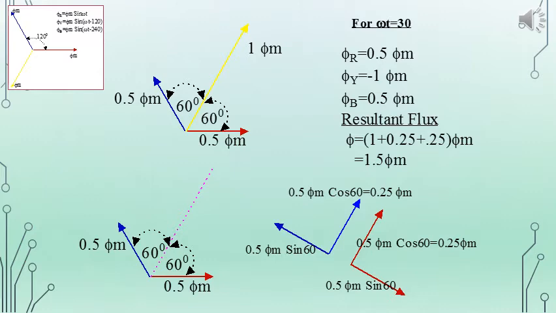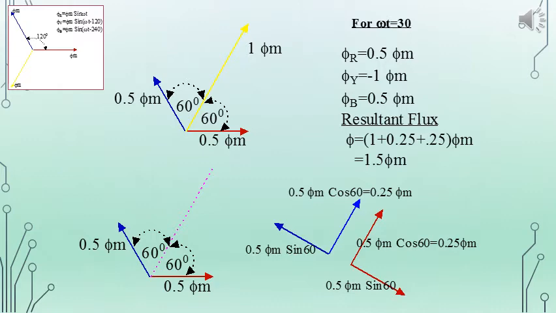Phi r equal to 0.5 phi m is drawn in the same direction as that of the original phi r itself, and phi b is drawn in the same direction as that of the original phi b with a magnitude of 0.5, and phi y is drawn in the opposite direction to the original phi y because it is minus 1 phi m.